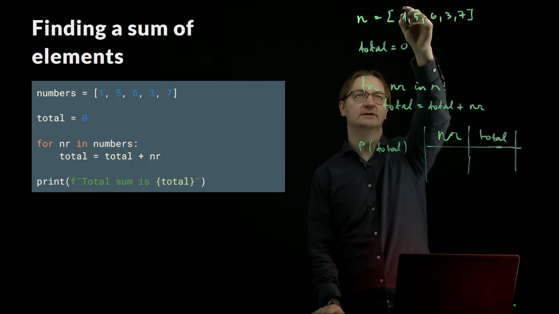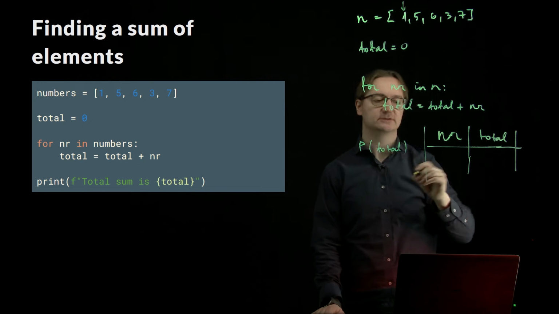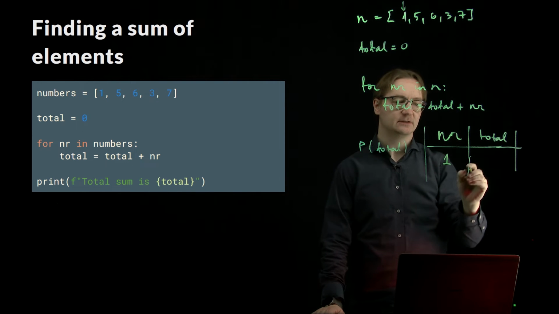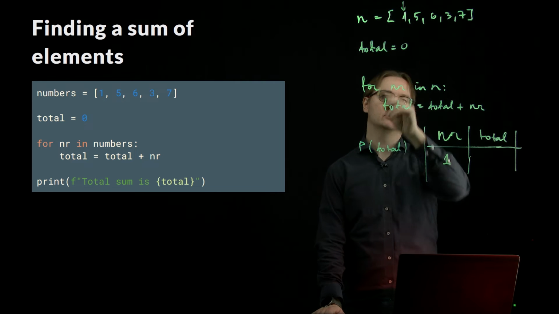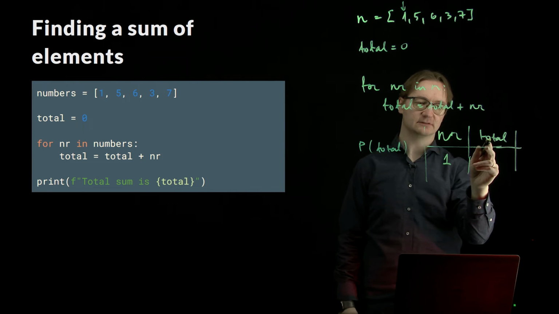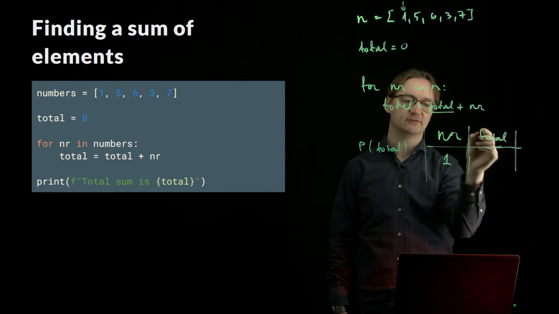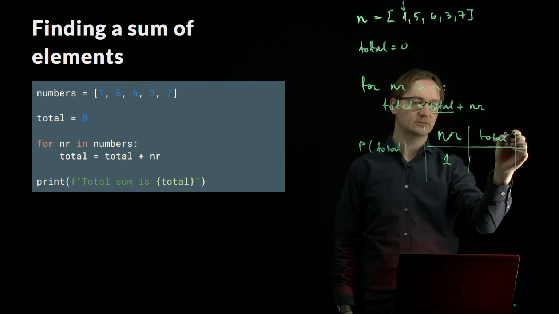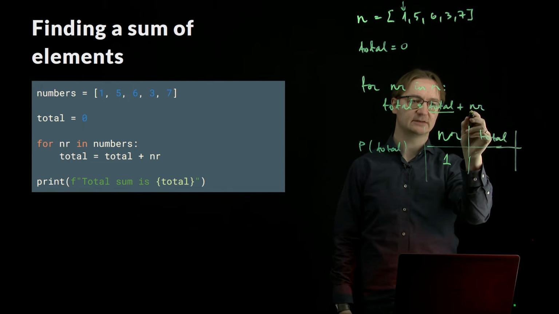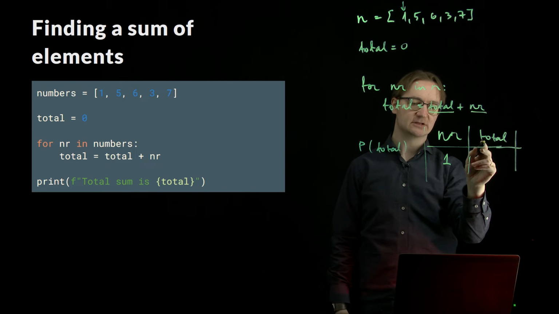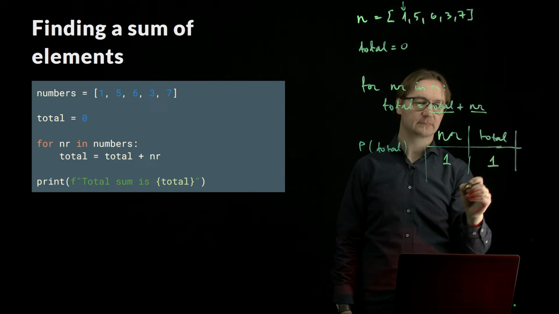First we take the element from the list. So number is 1. The previous total value was 0. To calculate the total value, we take the current total value, which was 0, and add the number. So it's 0 plus 1 is 1.